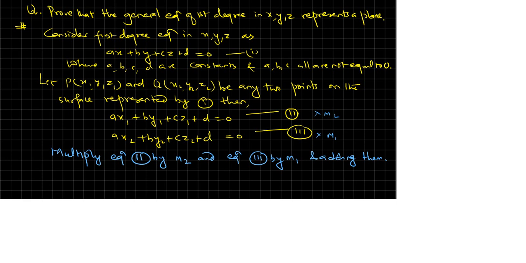So what will we obtain? Let's check. In this part, a is common: a times (m2 x1 plus m1 x2).